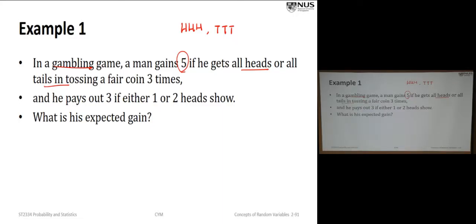And if it is 1 head, or 2 heads, or THH, he has to pay out 3. Instead of a gain, now you have to take 3 out of your pocket. So what is his expected gain?